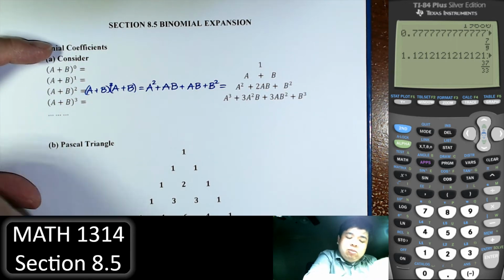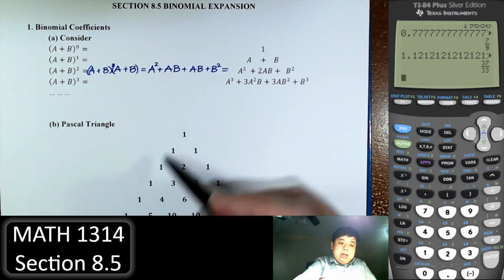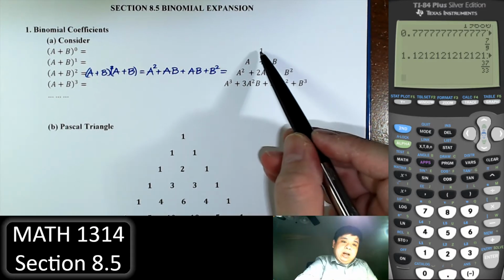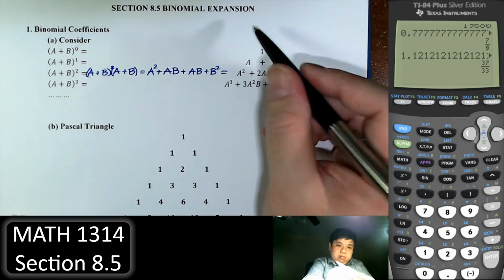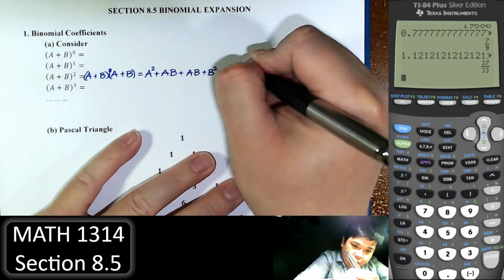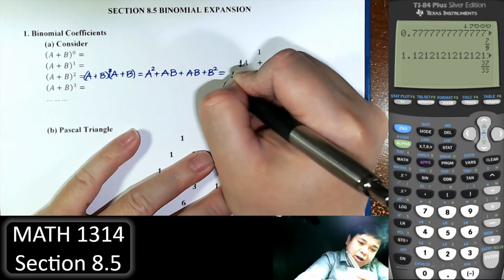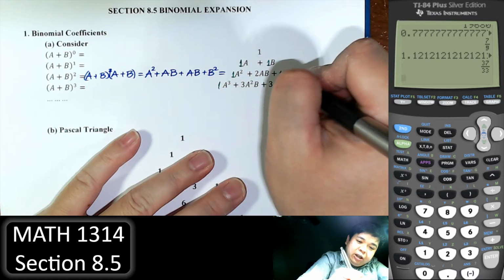Now notice when we write it like this, we see the coefficients. The coefficients we stack up in what we call Pascal's triangle. One on the middle top, and then 1 and 1, and then 1, 2, 1, 1, 3, 3, 1.